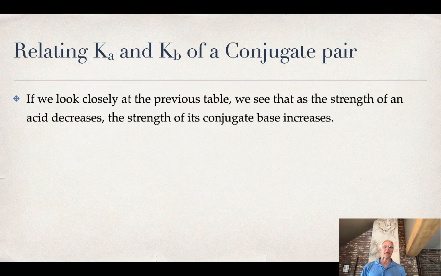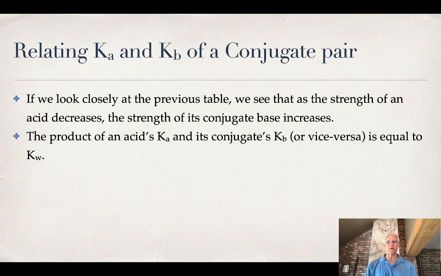Now, if we want to relate the Ka and Kb of a conjugate pair, those two things are related mathematically. We saw how the strengths of acids go back and forth, and it turns out that if you take an acid's Ka, the acid dissociation constant, and its conjugate's Kb, and you multiply those two things together, the Ka and the Kb of a conjugate pair will be equal to Kw for water.